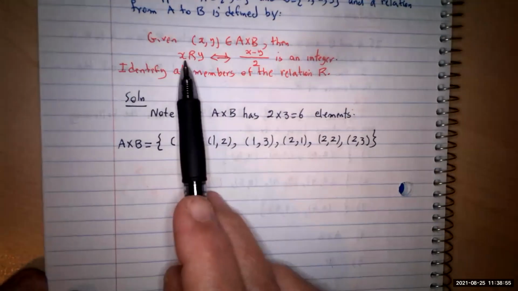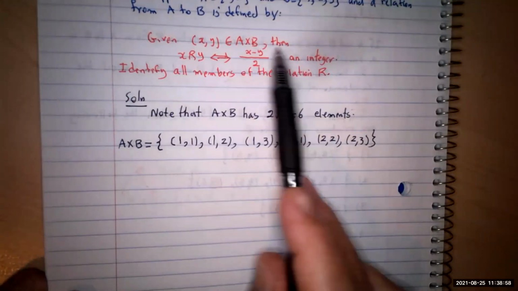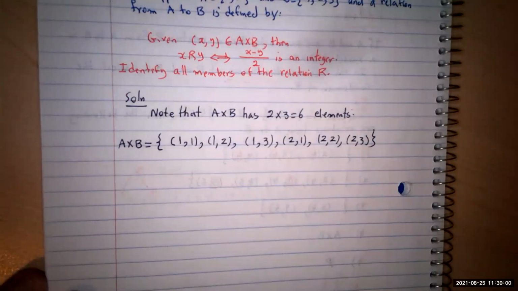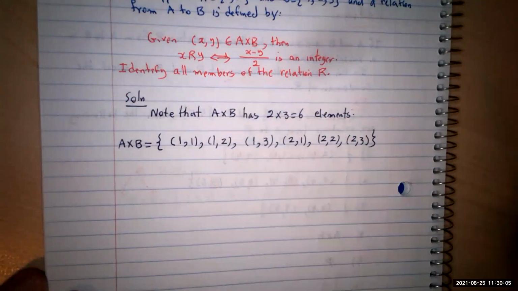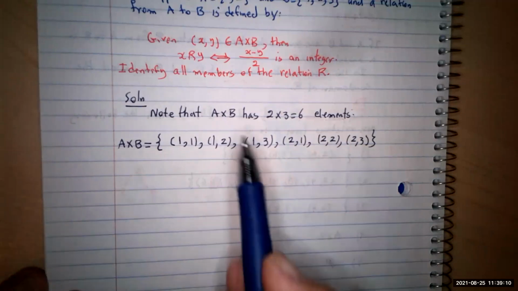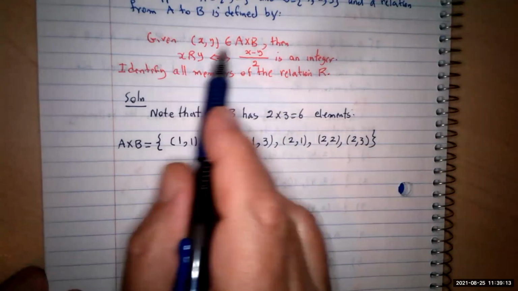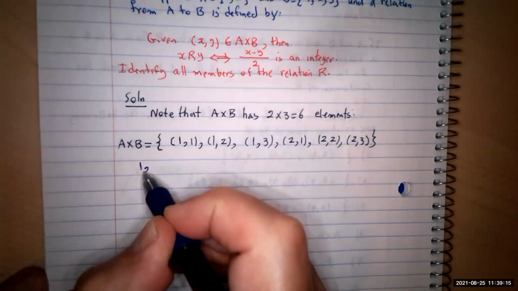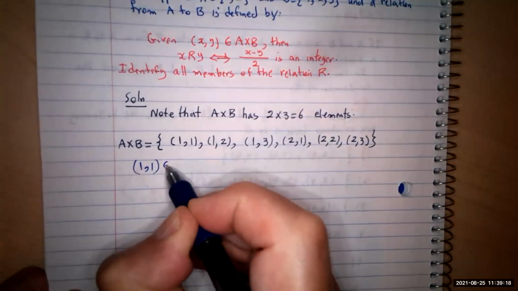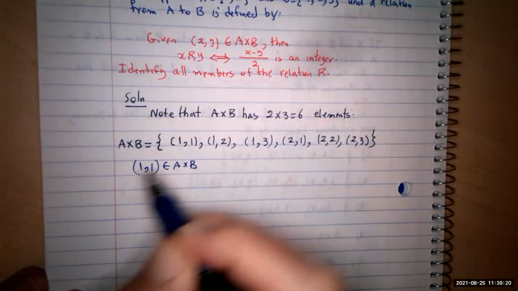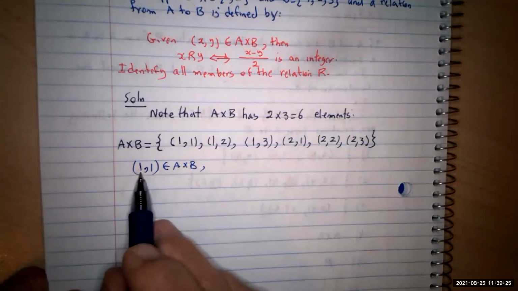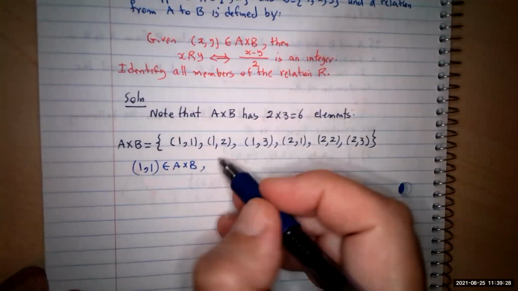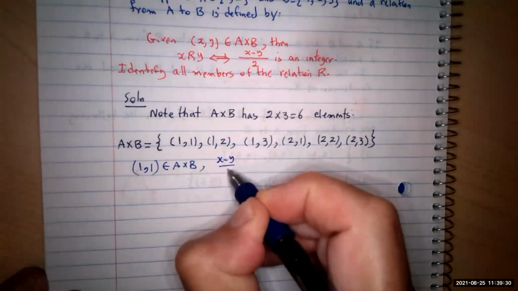Now pick the ones that satisfy this condition. The difference must be divisible by 2. I'm going to try to show you, but we can try a couple of them and then list all of them. So I pick the first member. According to this definition, I have (1,1), which is in A cross B. So X is equal to 1, Y is equal to 1. Form X minus Y over 2.